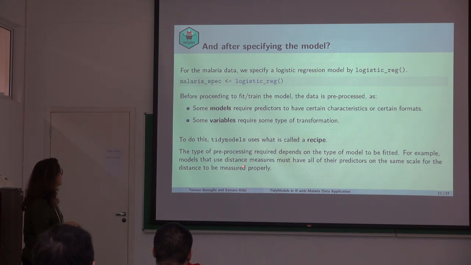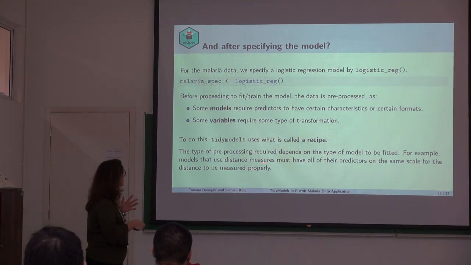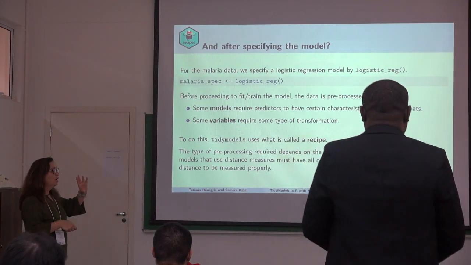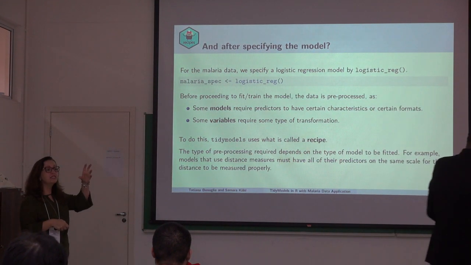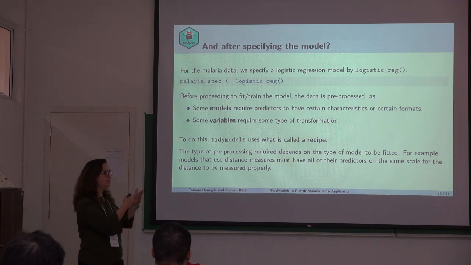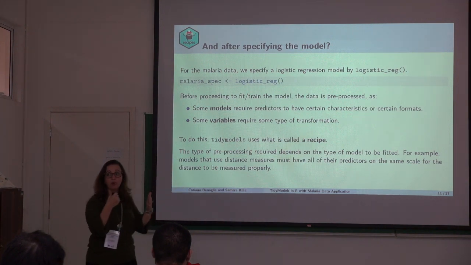Some models, if they use distance measures, must have all of the continuous predictors on the same scale, so that they calculate the distance properly.